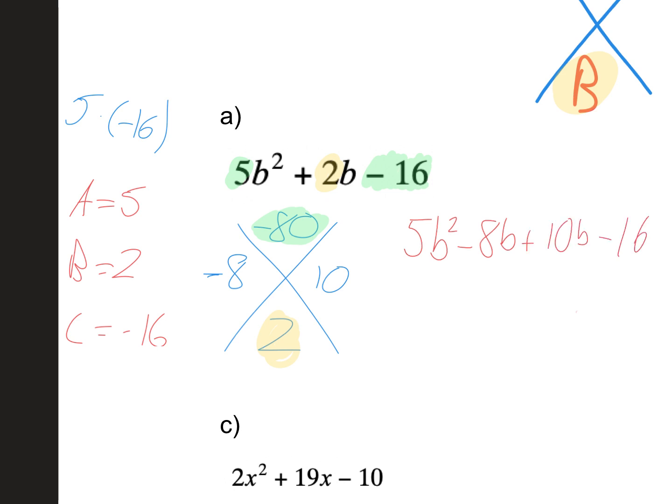Now, let's make note of a couple things. Notice this is exactly the same equation as this, in terms of value. Instead of 2b, we have negative 8b plus 10b. But if I combine these two, negative 8b plus 10b, that equals 2b.